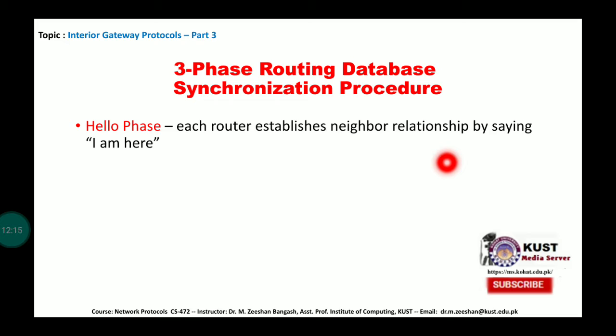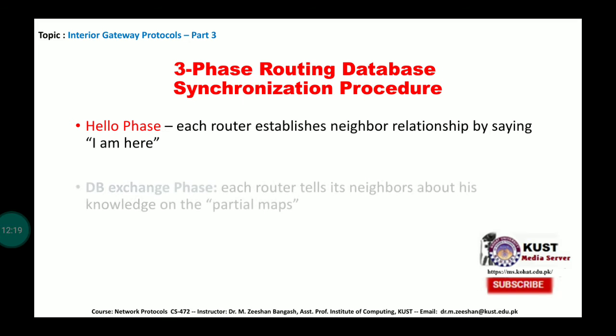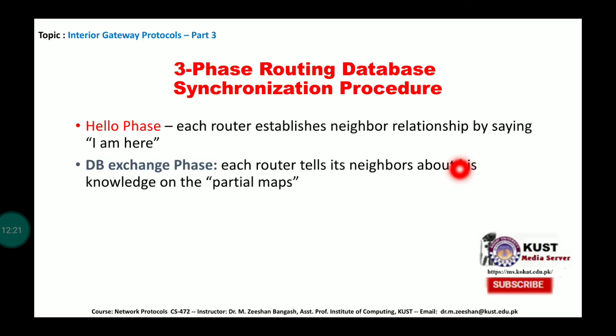Then this hello phase is followed by a database exchange phase, in which the router tells its neighbor about the information it has, the details of the routes or the topological information this router has.